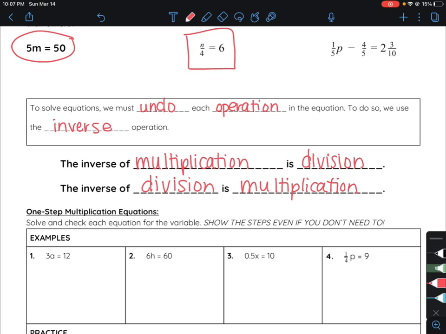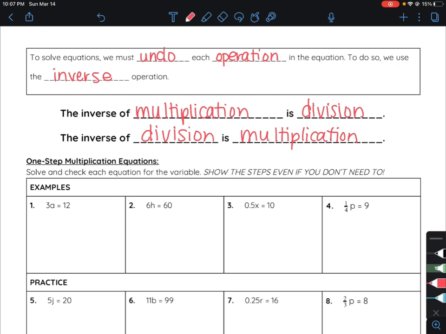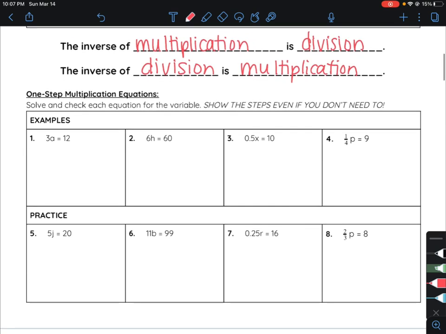At this point, I just want to recommend that you try not to use the word opposite here, because opposite as a math word really applies more to adding and subtracting. There isn't really a word other than inverse that I would recommend for multiplication and division. They're inverses of each other.